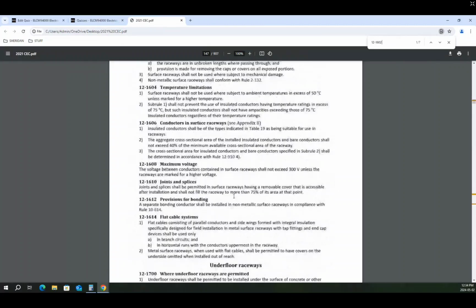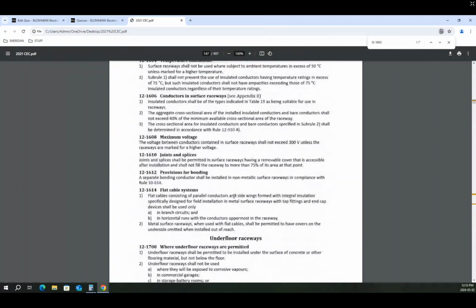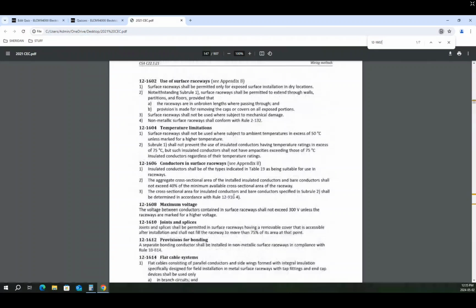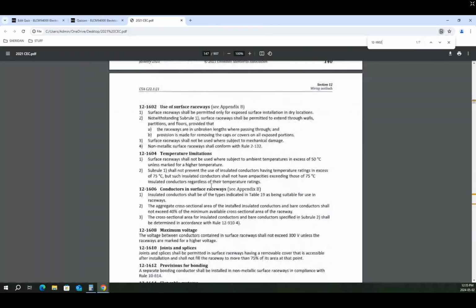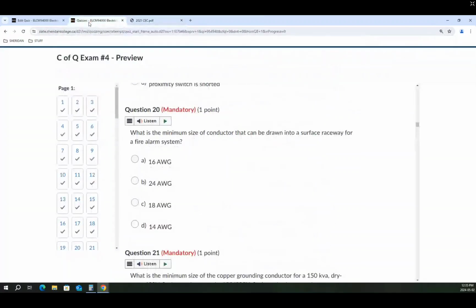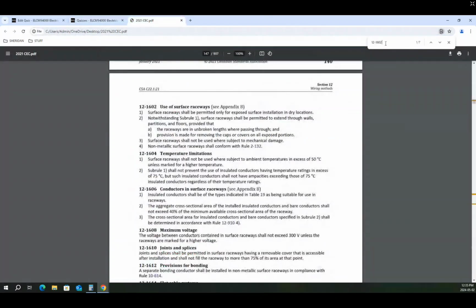Conductors, anything here? Nothing obvious. And the other one is going to be a fire alarm system. So we're going to go 32-100.